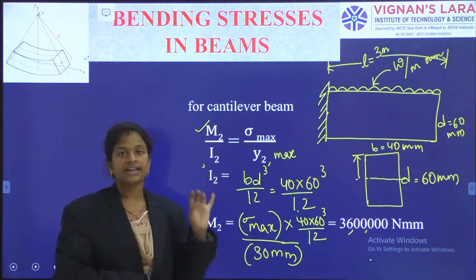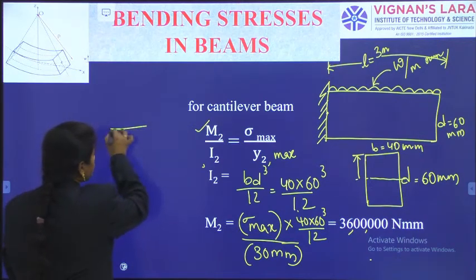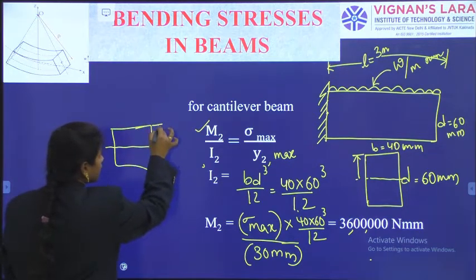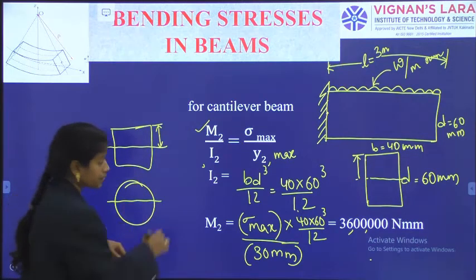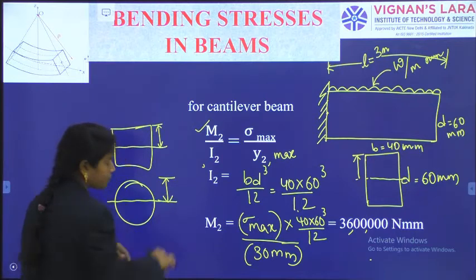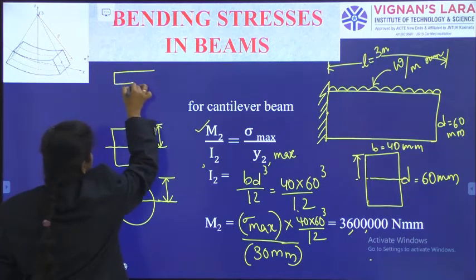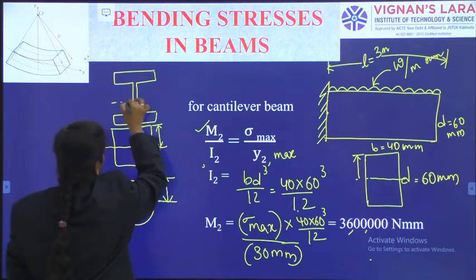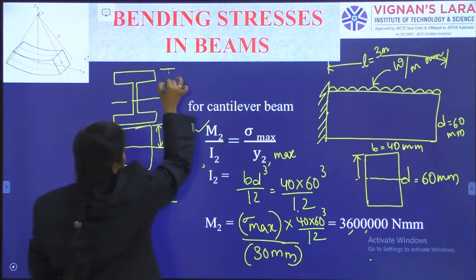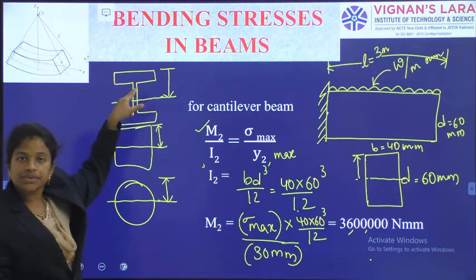For symmetrical sections, whether square, rectangular or circular, Y max will be half of the total depth. What does a symmetrical section mean?